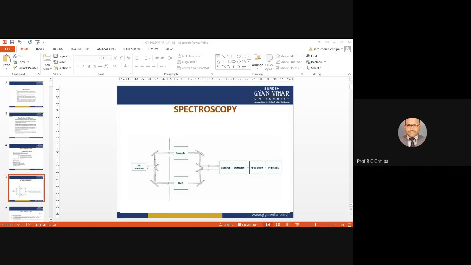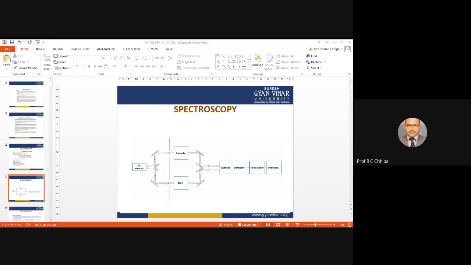Similarly, the radiation passes through a chemical, through a solution. For example, nitrate is one of the toxic anions present in a water sample. That particular nitrate can be analyzed with the help of visible spectroscopy.